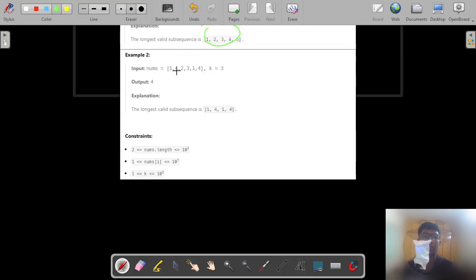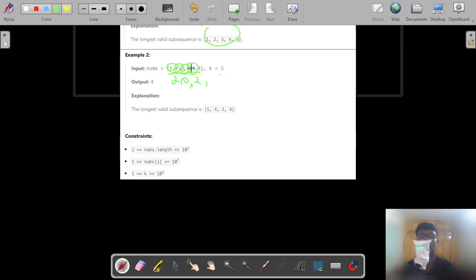Okay, so let's look at example 2. In example 2, we see nums with k equals 3. If we mod these, 1 plus 4 gives us 2, 3 plus 2 is 5 which is 2, or 4 plus 2, 6, will be 0, and 2 plus 3, 5, will be 2.